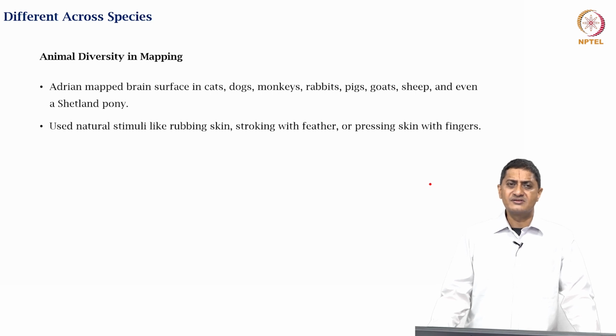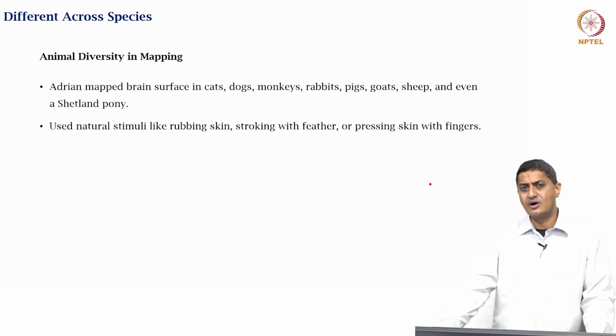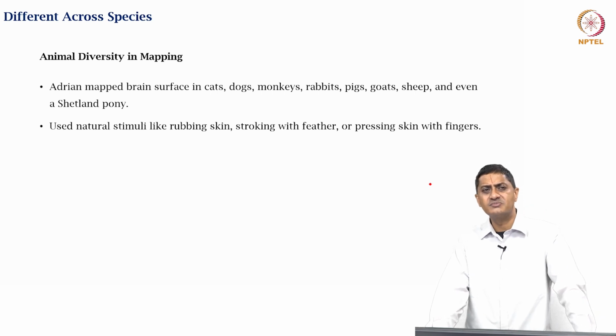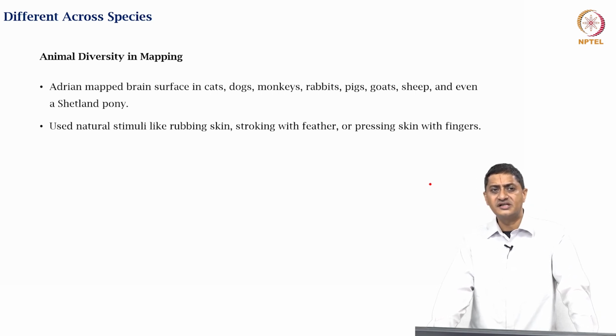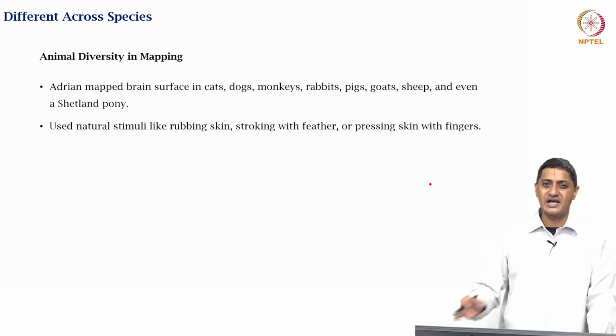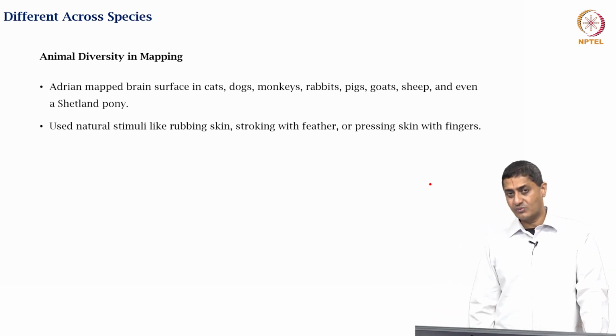Edgar Adrian mapped surface of brain in several species, including cats, dogs, monkeys, pigs, goats, sheep and even a Shetland pony. He used natural stimuli like rubbing of the skin, stroking with a feather, pressing the skin with fingers and other such natural stimuli, and wanted to record the response from the brain.